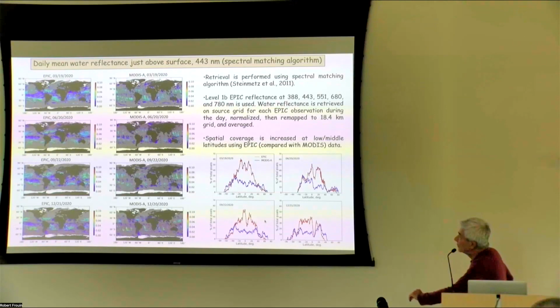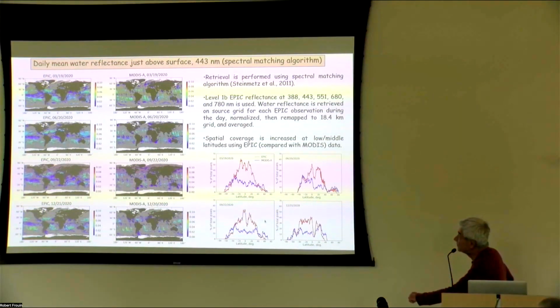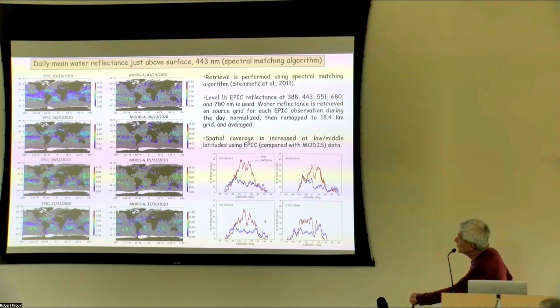And what you can see, again, like for the fluxes, is that the spatial coverage is much better with EPIC. Of course, you have more observations because you have more observations during the day, especially at the low and middle latitudes.